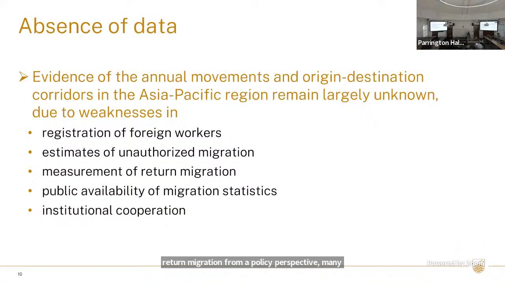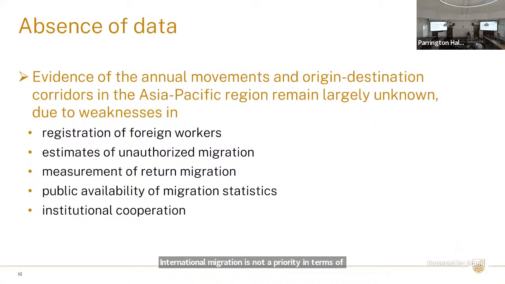I remember talking to the person responsible for migration statistics in India, and international migration, while it's a big concern for the rest of the world, for India is small numbers compared to internal migration. So their priority right now is trying to understand internal migration. International migration is not a priority in terms of data collection.